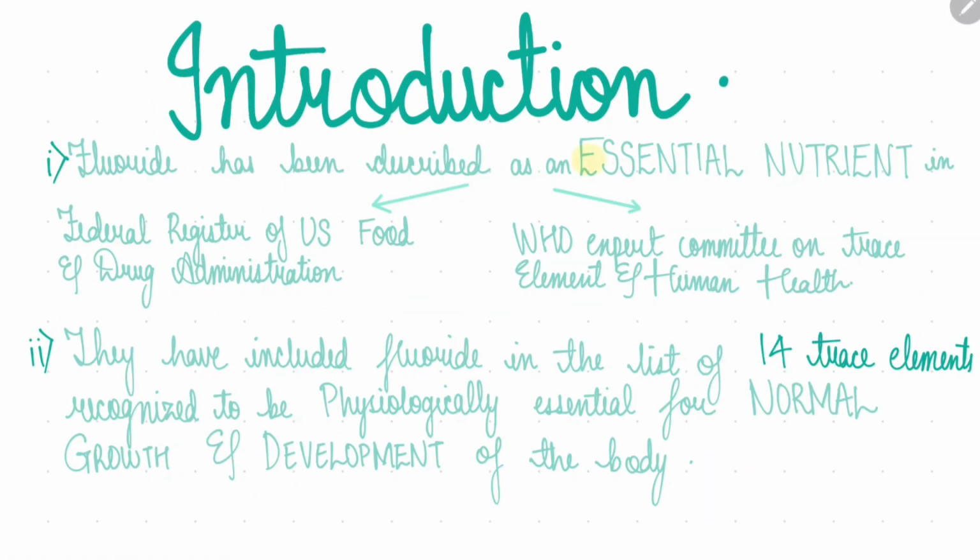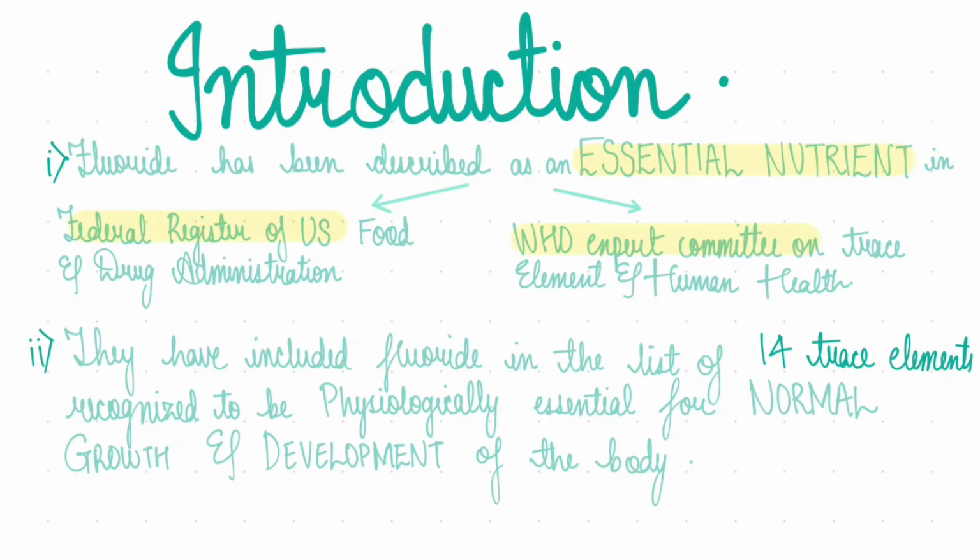It has been described as an essential nutrient by the Federal Register of the US and by the WHO Expert Committee on Trace Elements and Human Health. So what we need to remember is that fluoride has been described as an essential nutrient. By whom? By two bodies. One is the Federal Register of the US Food and Drug Administration, and second is the WHO Expert Committee on Trace Elements and Human Health.